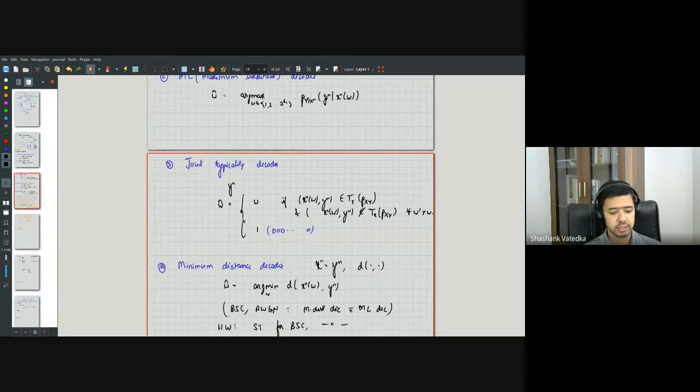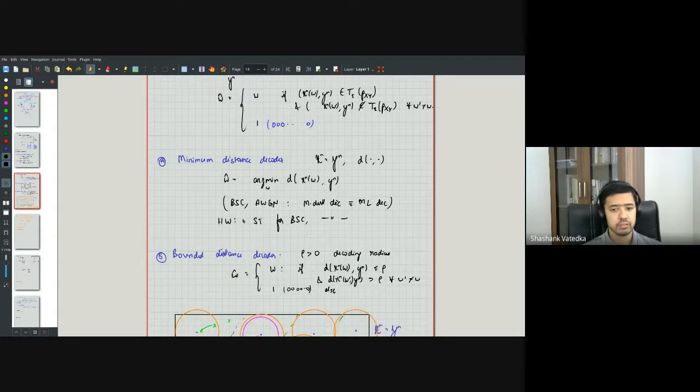But for certain other problems such as the AWGN channel or even the BSC, we can define other decoders. So one commonly studied decoder is the minimum distance decoder, and the other is the bounded distance decoder.